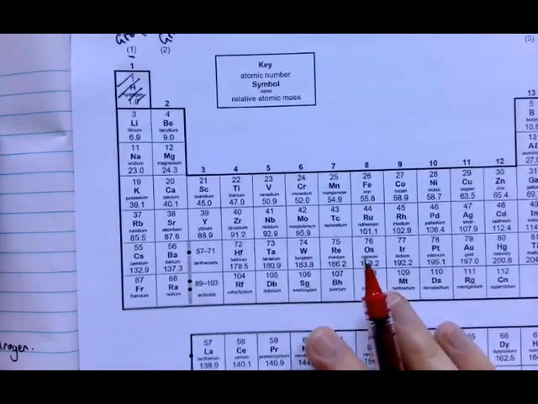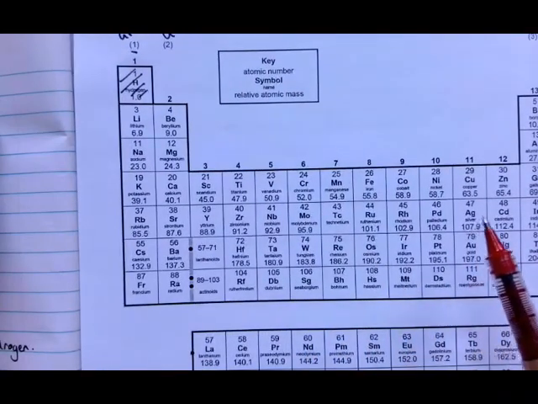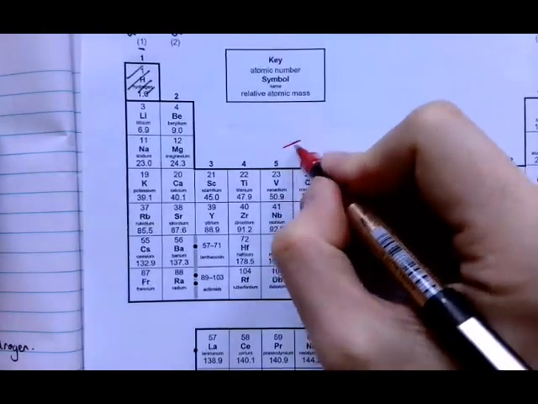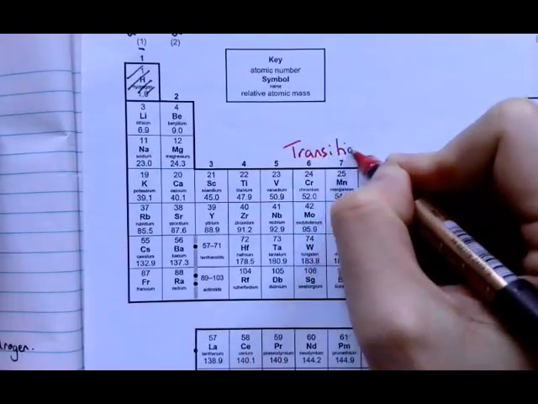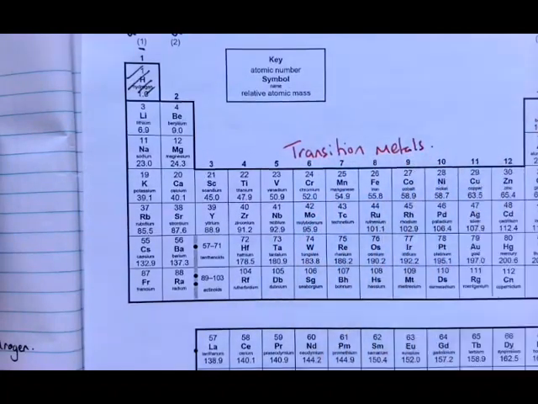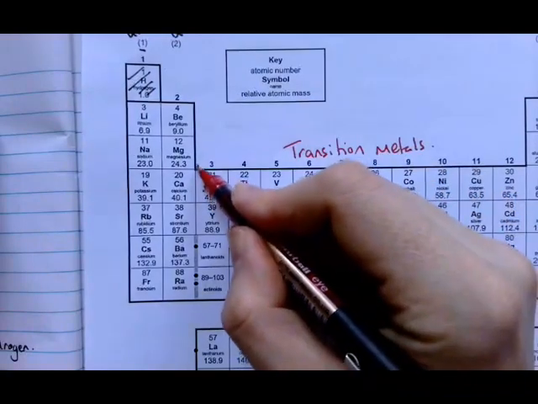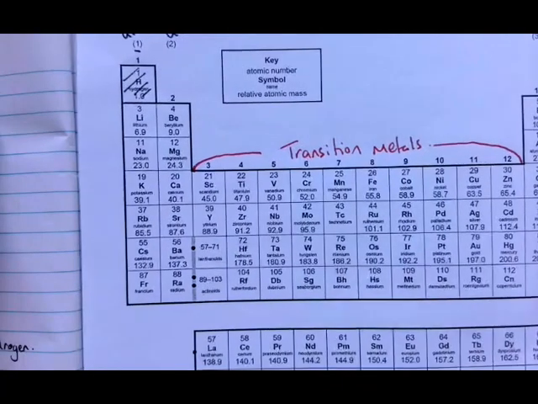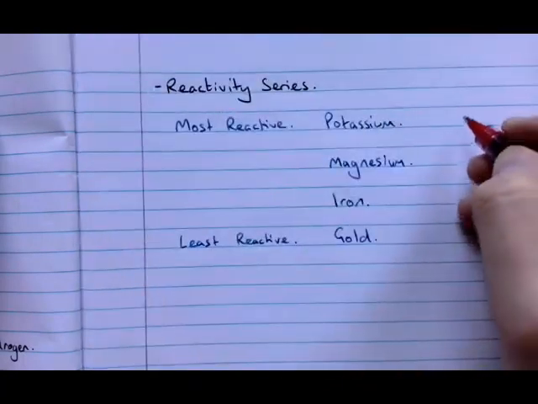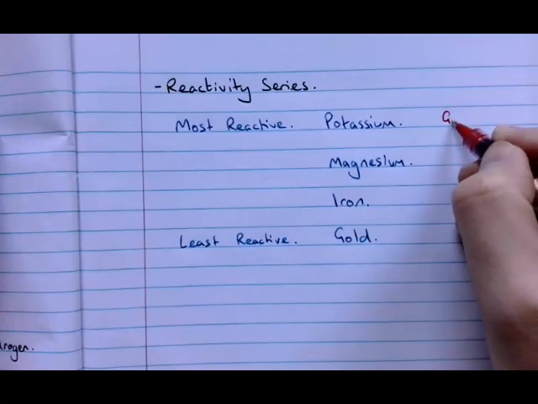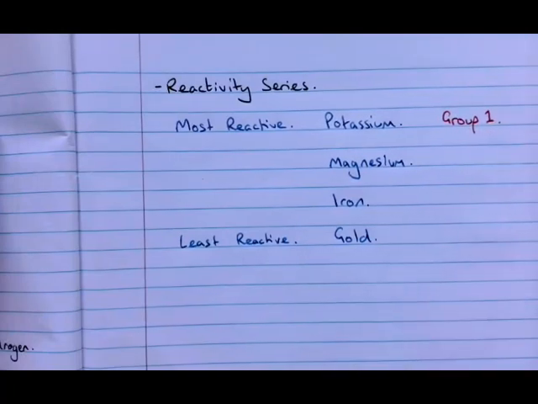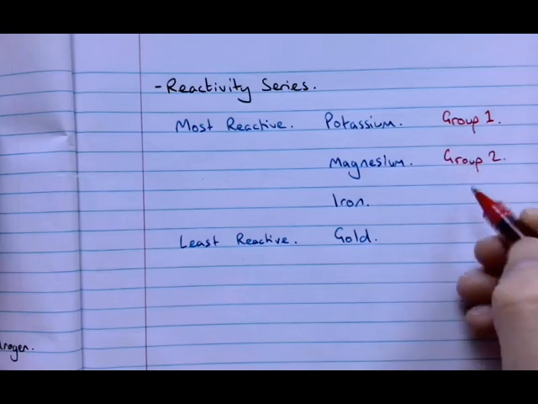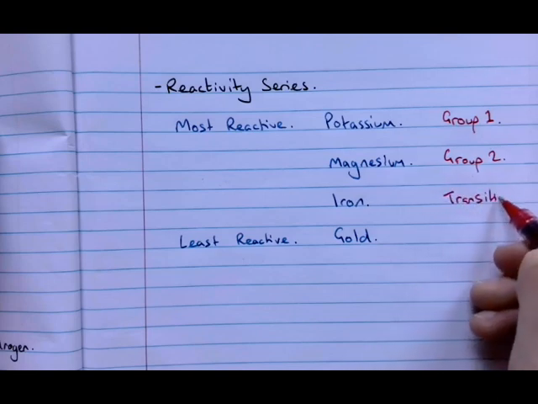And then iron and gold are over here in this section, which is called the transition metals. So all of these from here all the way over to here, we call these the transition metals. So we could also add an extra piece of information that the most reactive metals are those in group 1, and then we go down to group 2, and then we go down to the transition metals.